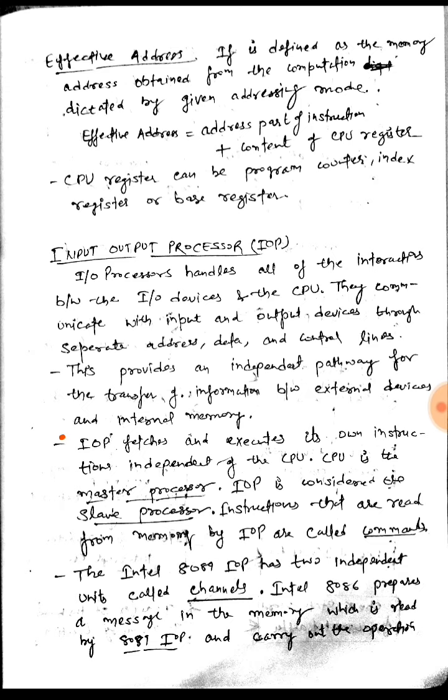Then the next topic is the input output processor. So the input output processor handles all of the interaction between the input output devices, that is the peripheral devices, and the CPU. Whatever interactions take place between input output or peripheral devices and the CPU will be taken care of by the input output processor.